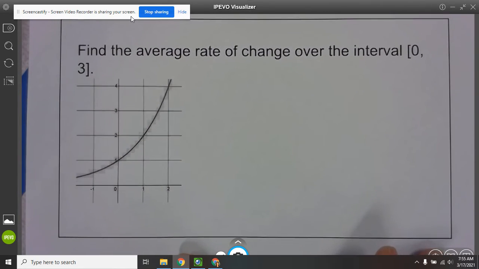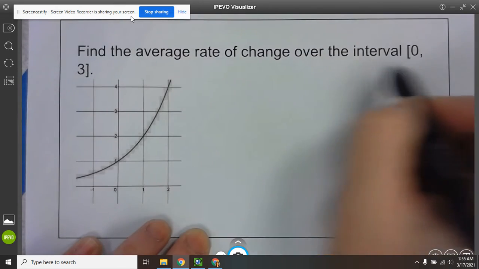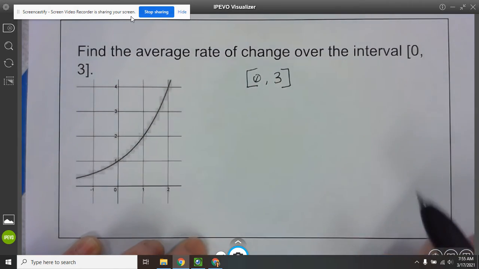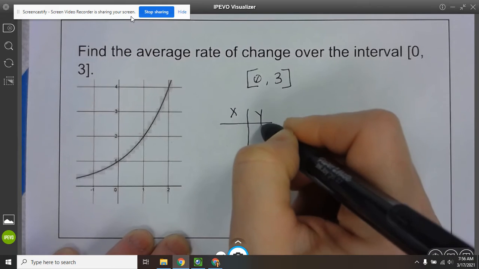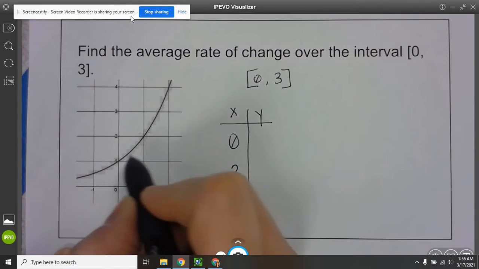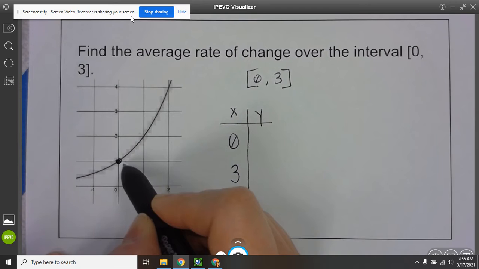If they're giving us a graph, we're going to basically do the same thing, except I'm pulling points from a graph. So here my interval is 0 to 3. So I'm going to just go ahead and make a table. So I have 0 and 3. Now here, I can very clearly see what my coordinate is at 0.